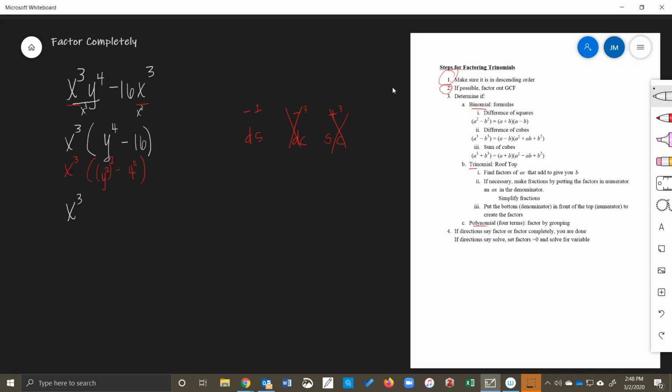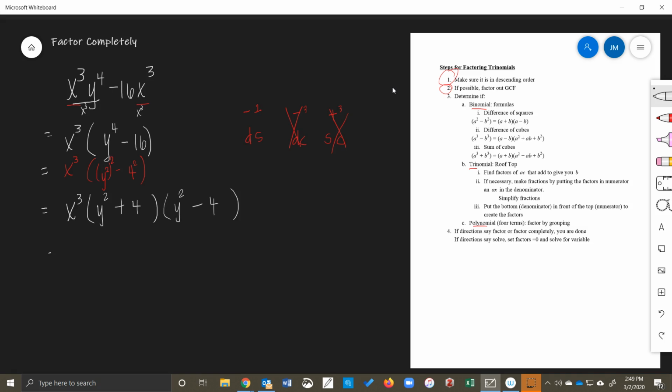We're going to leave the x cubed in front, and we're going to have a plus and a minus. And we're going to take the square root of y to the 4th, which we said was y squared, and we're going to put that in the front. And we're going to take the square root of the 16, which we already said was 4.